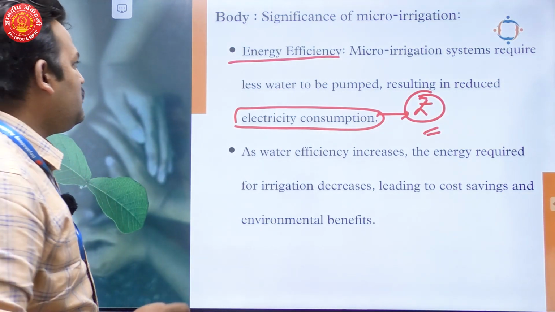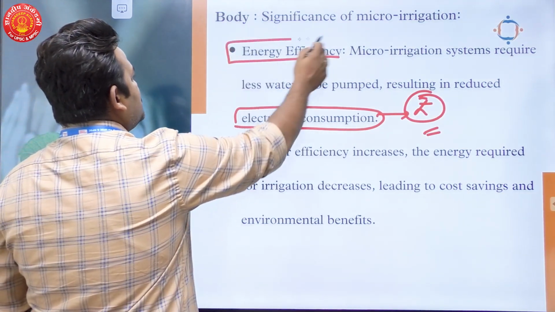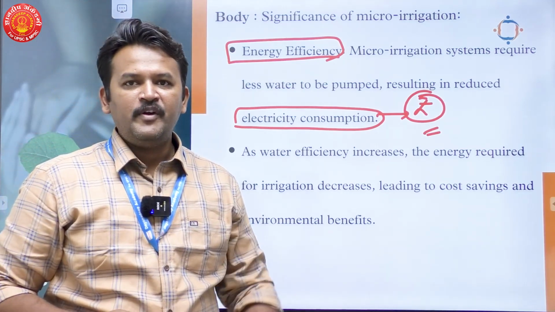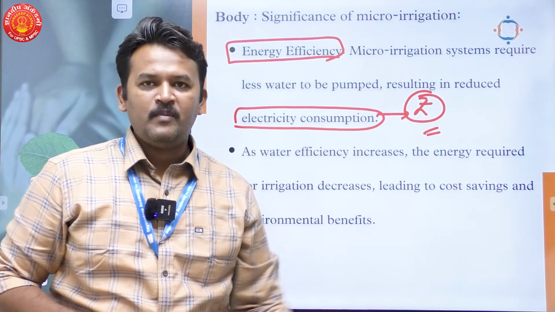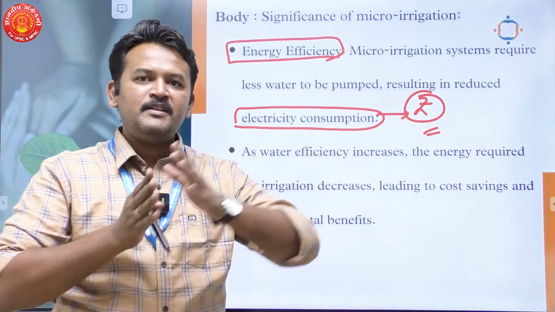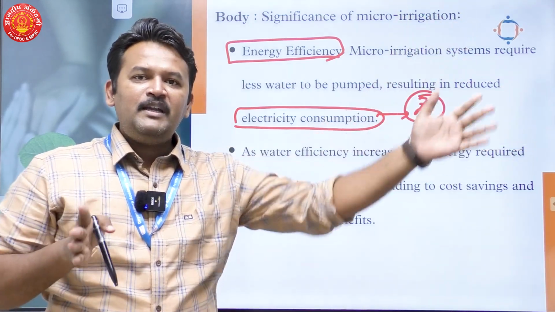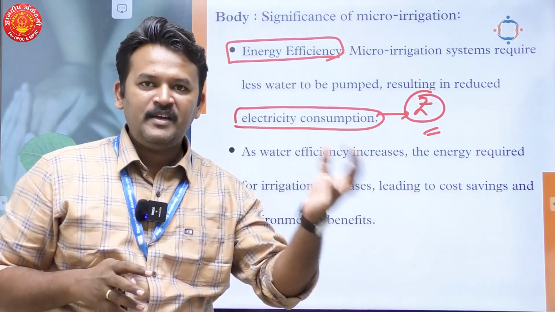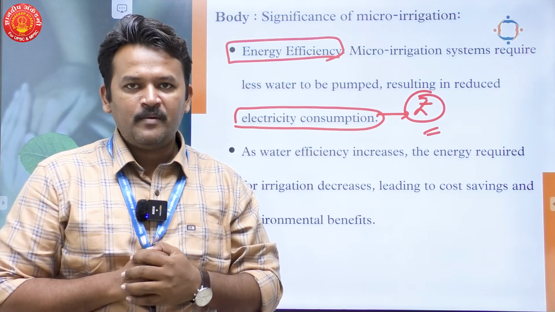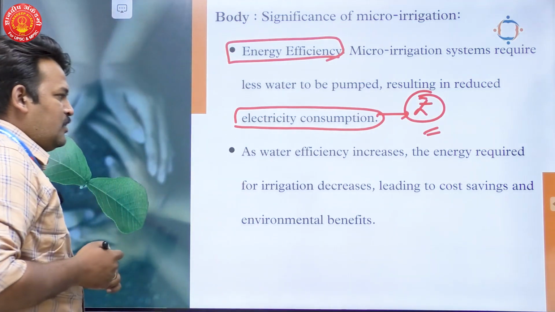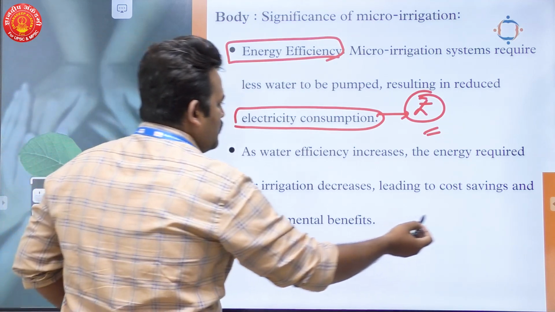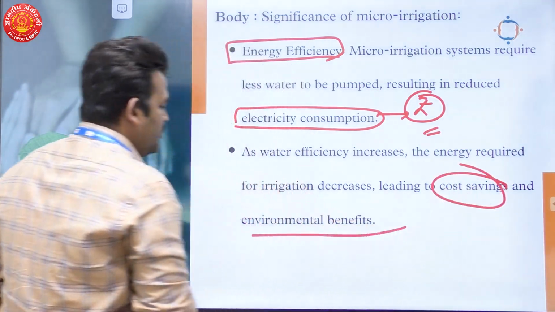Even though installing such a micro irrigation system is going to be costly for that farmer, in the long term it will ultimately save some rupees and increase the farmer's profit. As water efficiency increases, energy requirement for irrigation decreases, leading to cost saving and environmental benefits as well.